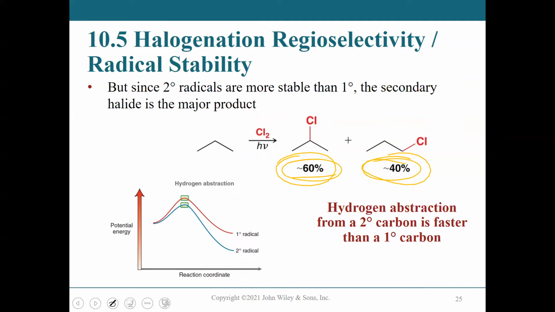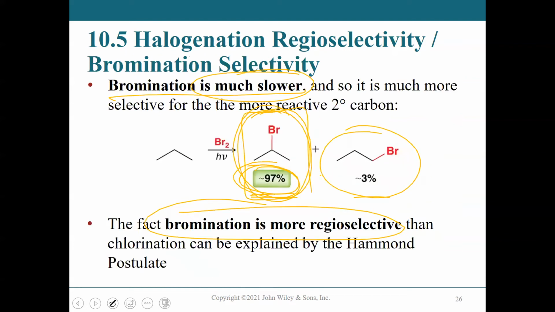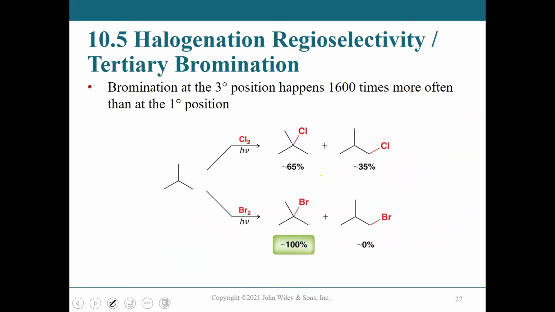There is really no major product. I mean, there is a major product. You could say, oh, Professor Navarro, 60% is a major product. Yeah, I know. But which is a better major product, this or this? Of course, the 97% is a better major product. So anytime you are doing synthesis, please go with bromine. Bromine is the one that really decides.